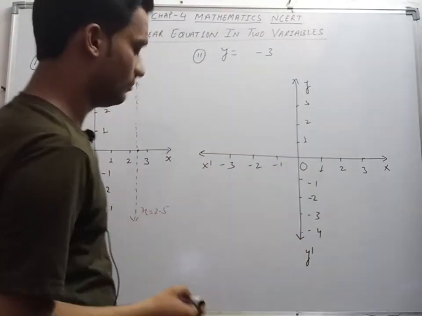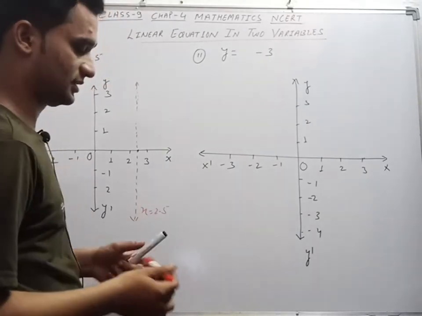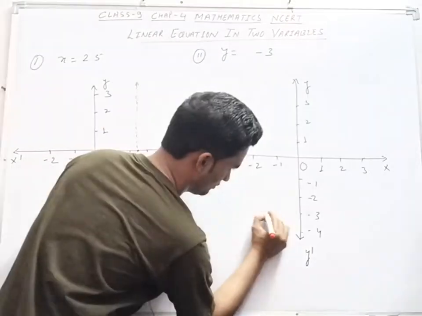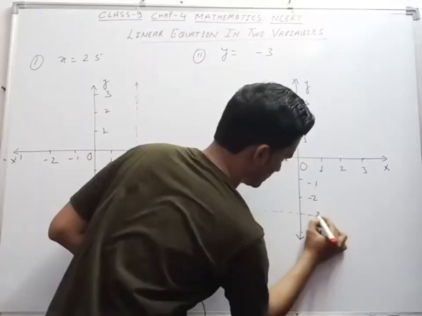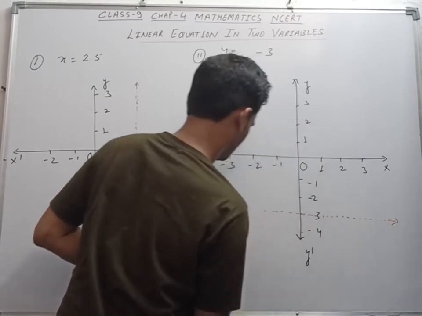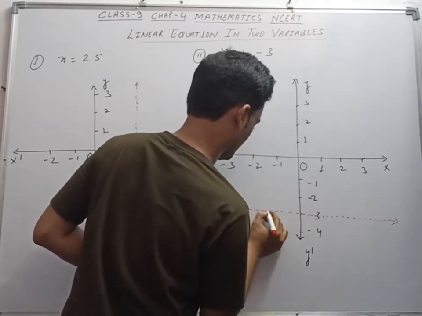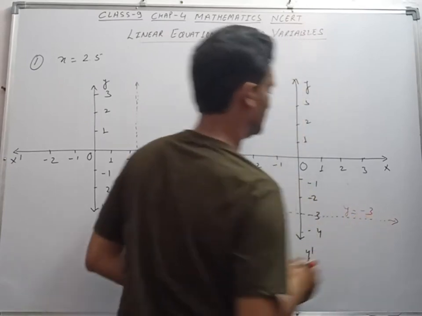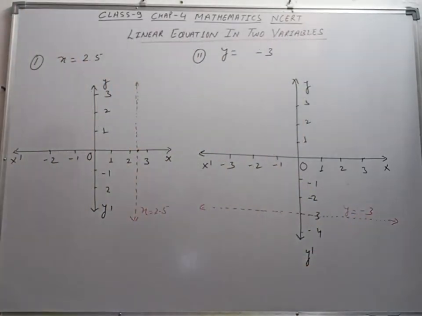Y equal to minus 3, somewhere here, then this will be parallel to the x axis. This is y equal to minus 3, which is parallel to the x axis.